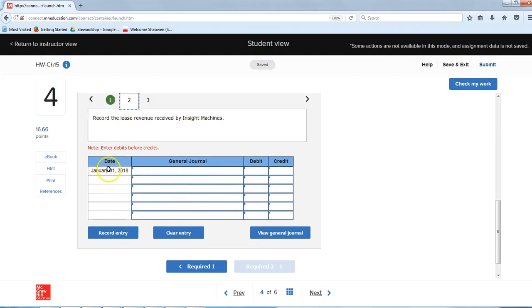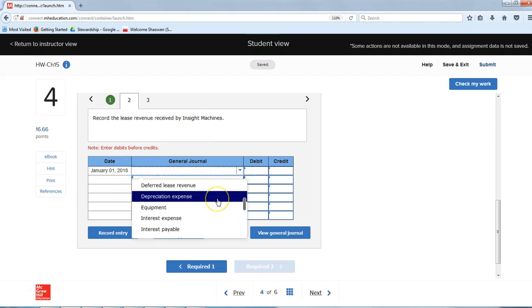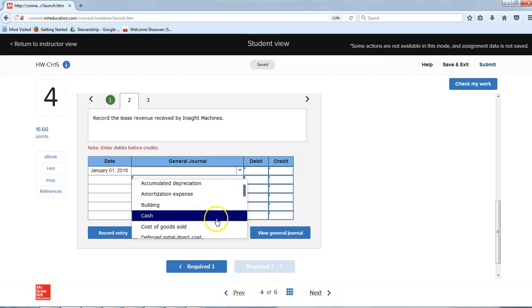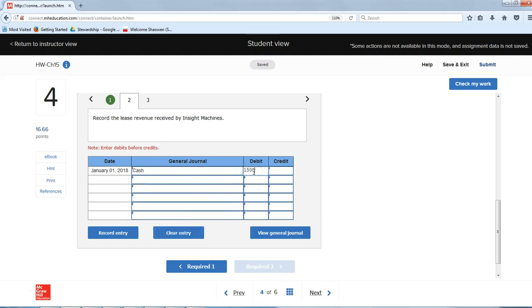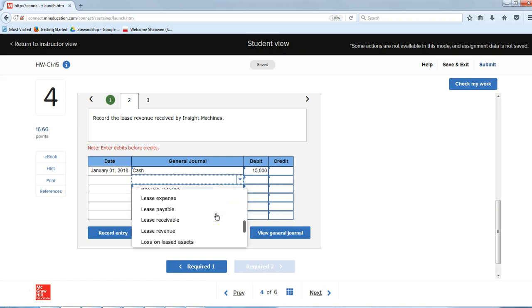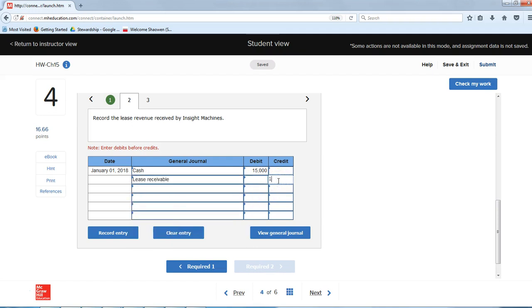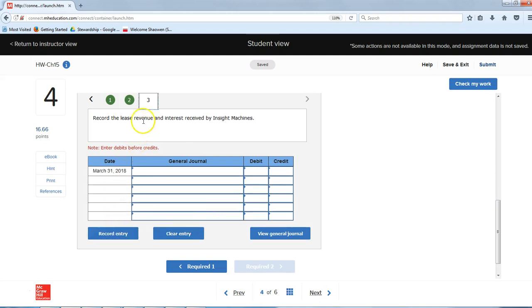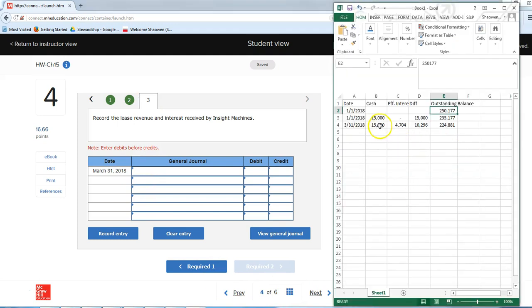On the same date, they receive $15,000, so we debit cash for lessor. And this receipt will reduce lease receivable. On March 31st, lessor received another $15,000, which includes interest and lease.